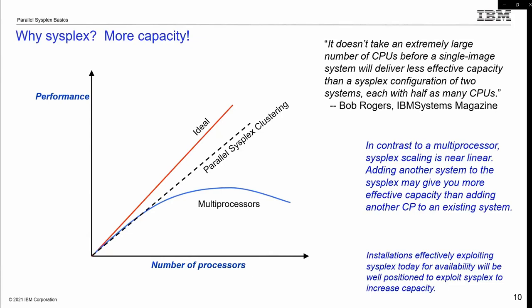Of course, the perfect linear would be a 45-degree angle here, which is ideal, but parallel Sysplex comes pretty doggone close. And for the number of systems that we use for parallel Sysplex today, it delivers almost linear growth as you add more systems, more images to the parallel Sysplex. You can get as close to linear growth as you're going to get. As opposed to just adding more processing power for one image, you're not going to see that benefit. In fact, you might even see the performance go worse. So again, the two major tenets of Sysplex: availability and capacity.